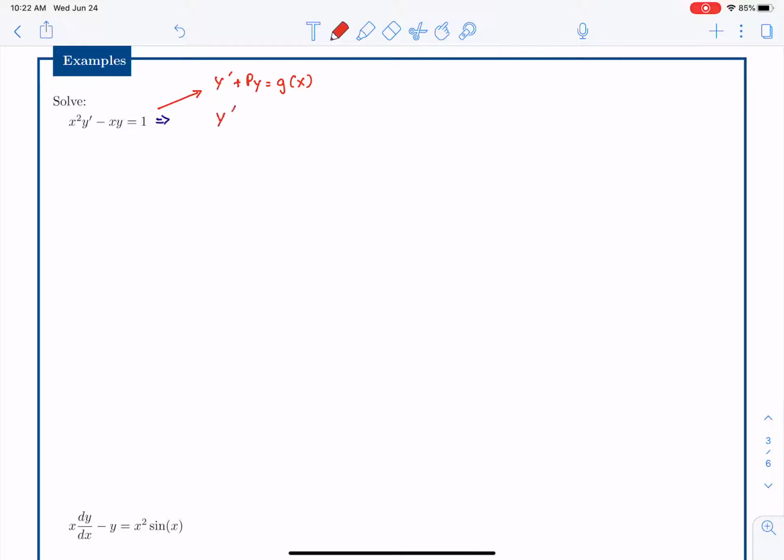So y prime minus x over x squared times y equals 1 over x squared, which would be y prime minus 1 over x y equals 1 over x squared. That would mean p is negative 1 over x and g of x is 1 over x squared.